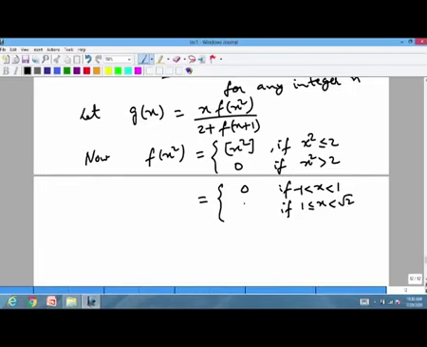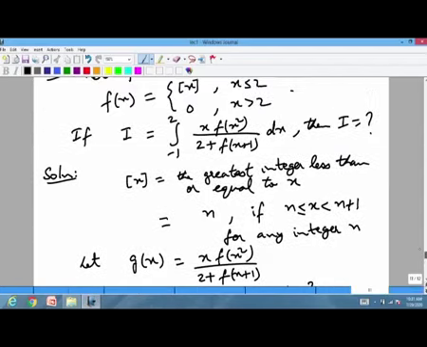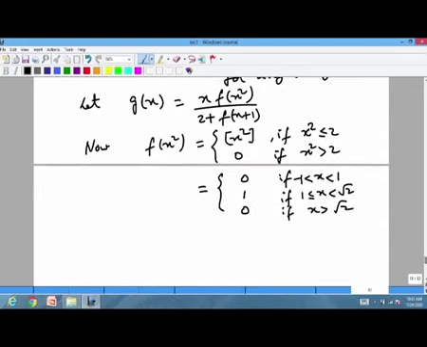So, the greatest integer of x square will be 1. And of course, if x is bigger than root 2, then x square is bigger than 2, so this is equal to 0. Because we have to integrate from minus 1 to 2, that is why I have started only for x bigger than minus 1.